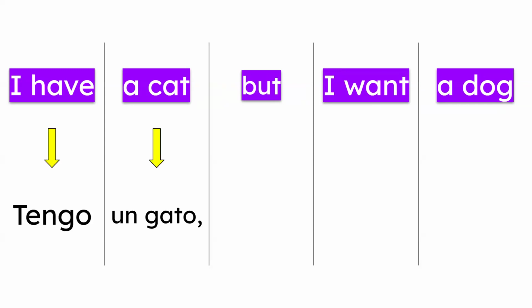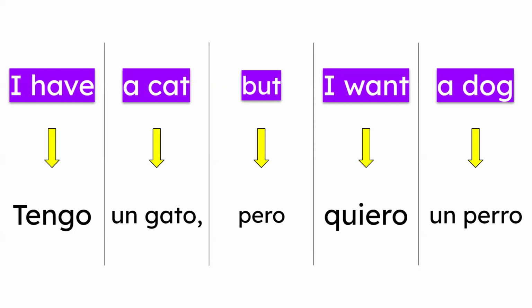Tengo un gato. Here, pero or sino. Obviously, pero, right? The first part is positive. So, tengo un gato, pero quiero un perro. That's right.